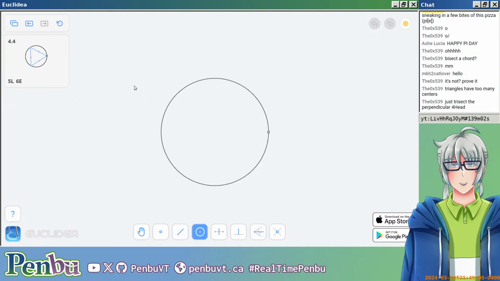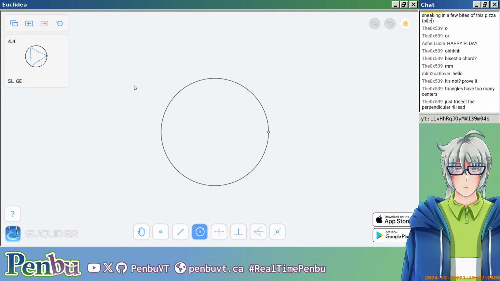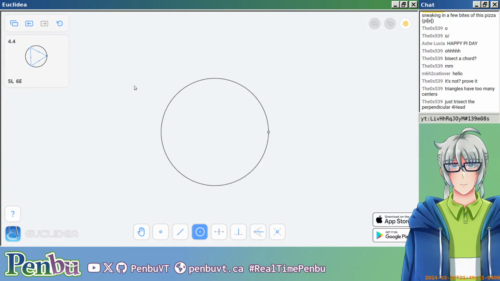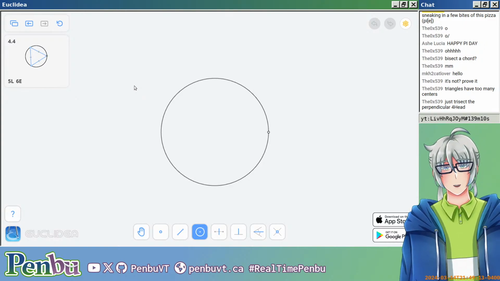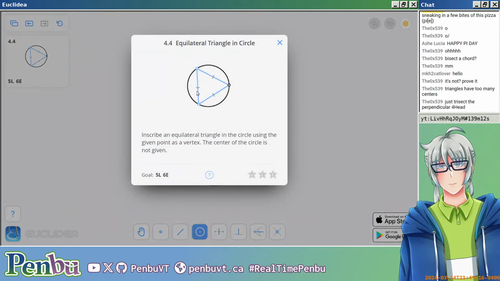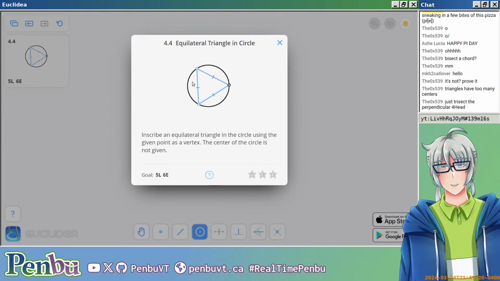Okay. Considering that this is 3 equal chords, this probably trisects the circumference of the circle.